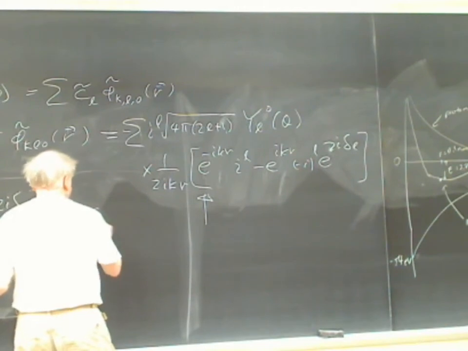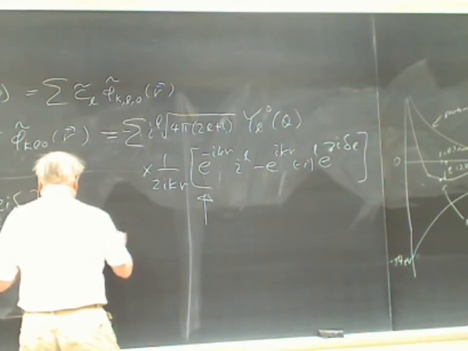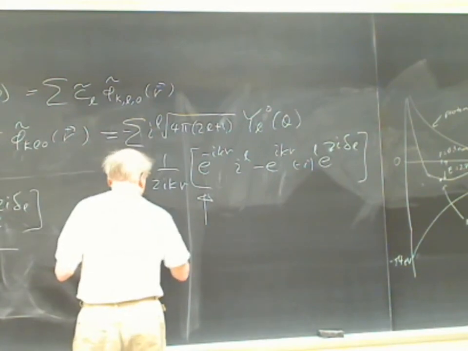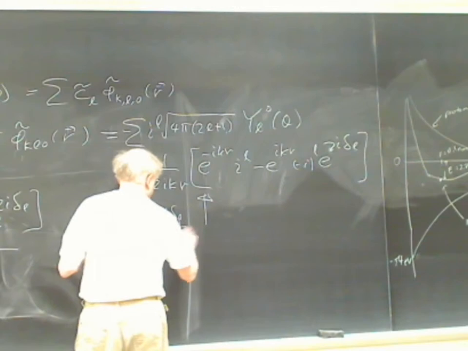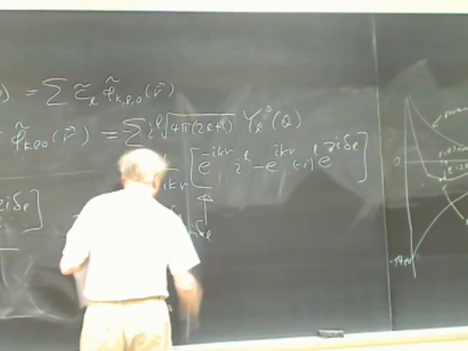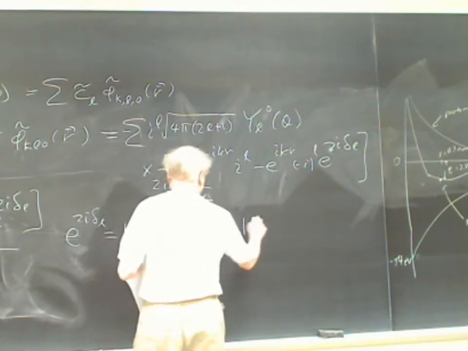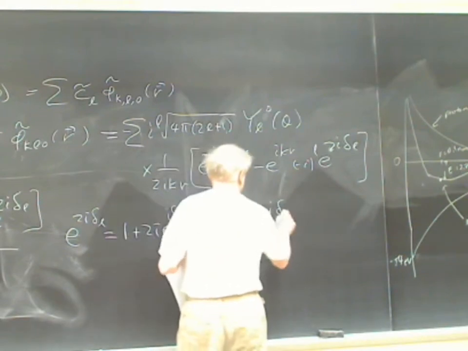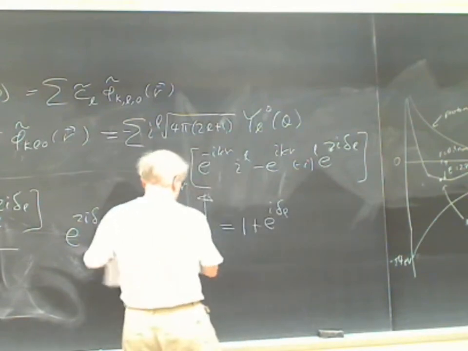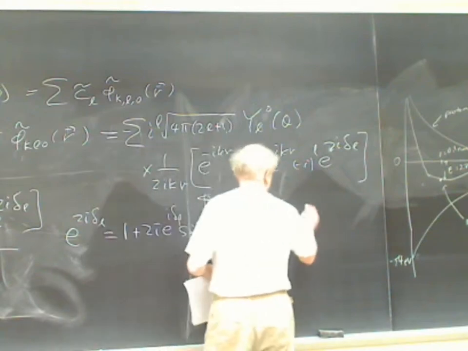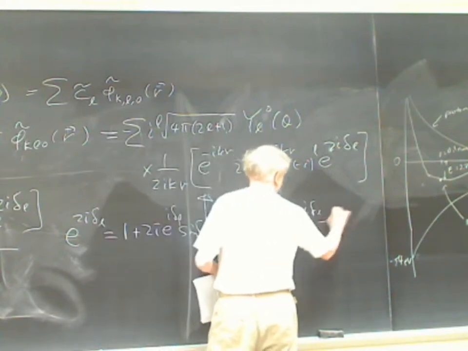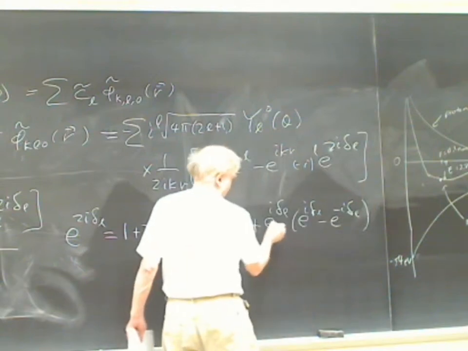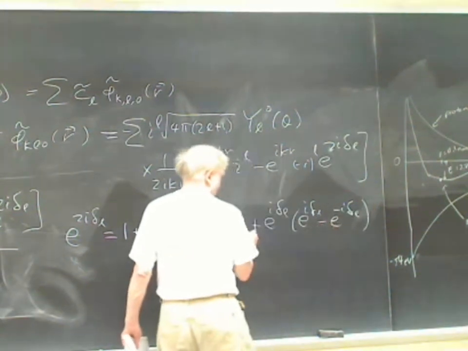E to the 2I delta L can be written as 1 plus 2I e to the I delta L sine delta L. And you can check that by saying, well, this is 1 plus e to the I delta L. Now, sine delta L times 2I is e to the I delta L minus e to the minus I delta L. And so when you multiply through, this times that gives minus 1, which cancels this.